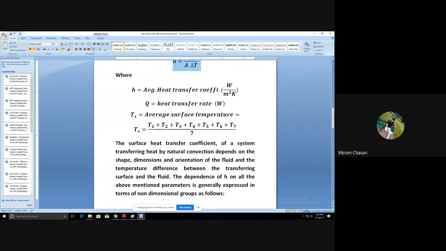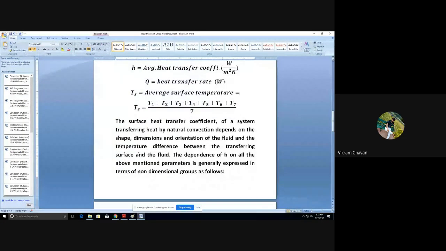Because of that, calculating the heat transfer coefficient by using Newton's law of cooling is one can say a wrong method, or it will not provide accurate results. So for that reason, we have to go for dimensionless numbers.